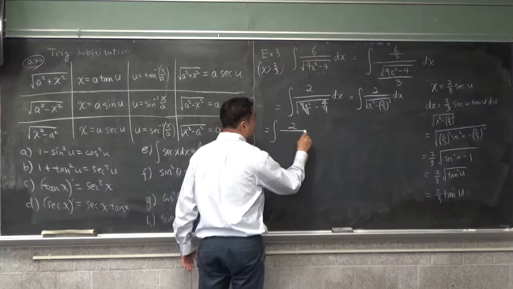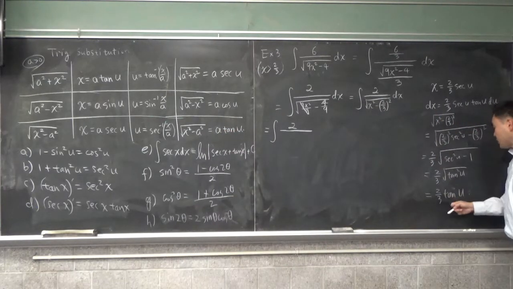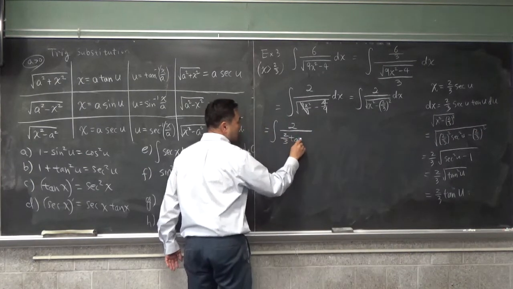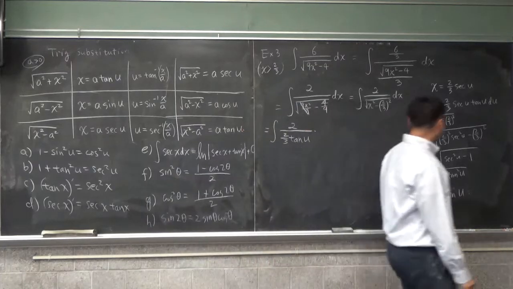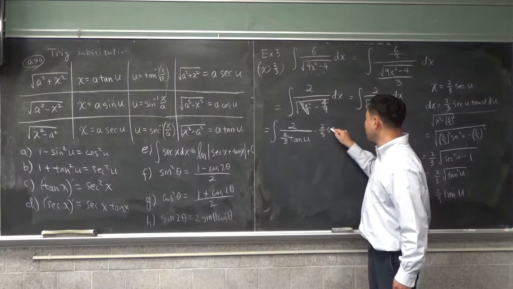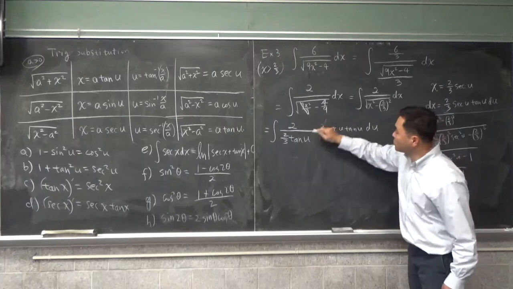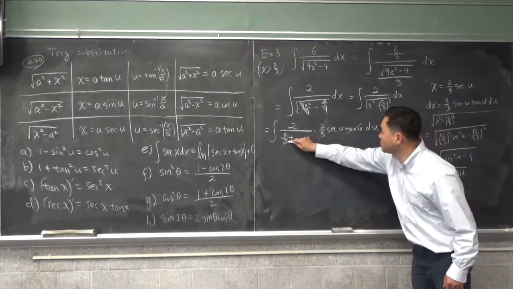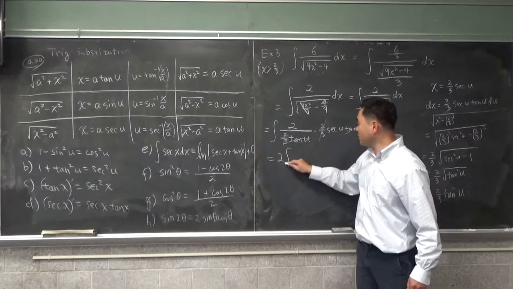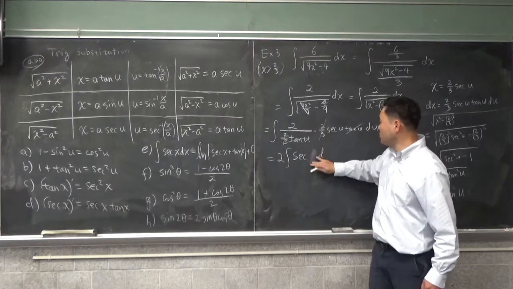Okay, so we have everything needed for doing the u substitution. It's 2 over, this denominator now becomes 2/3 tangent u. And then dx gets replaced by 2/3 secant u tangent u du. 2/3 cancels, tangent u cancels, and 2 can be pulled outside the integral, which leaves you with this integral of secant of u du.